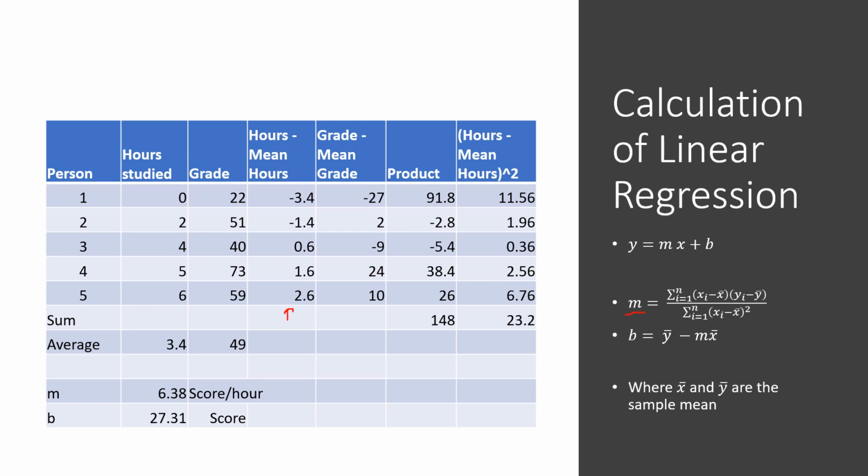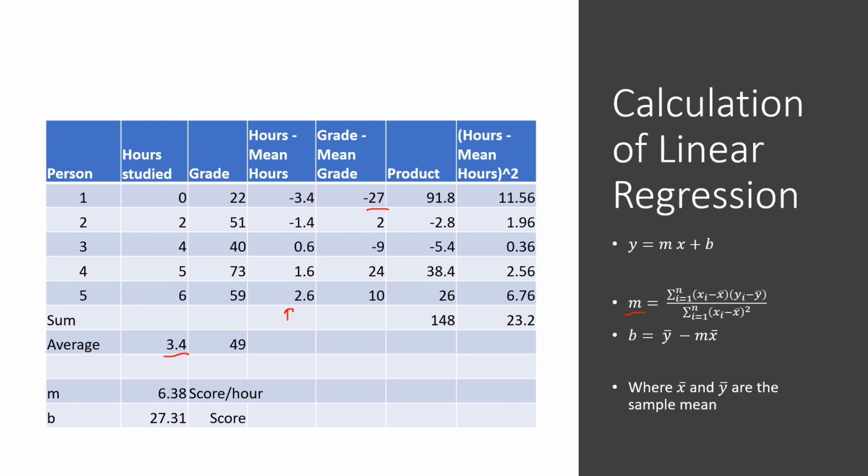The average number of hours studied is 3.4. This student studied 0 hours, so hours minus mean hours is negative 3.4. She ended up with a grade of 22. The average was 49, so the grade minus the mean grade is negative 27.